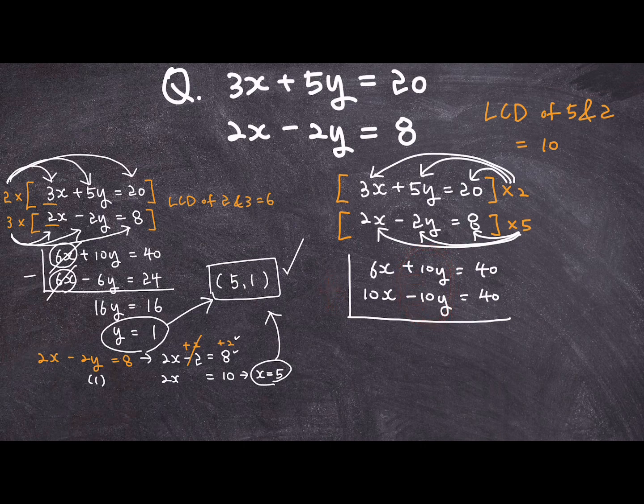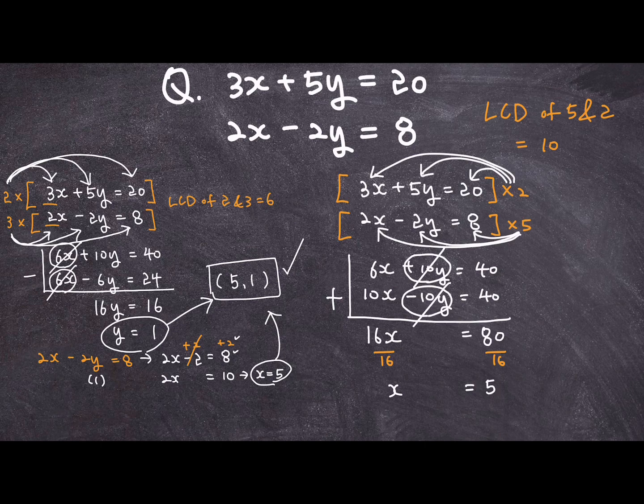So if I choose to add, I can go ahead and eliminate the variable of y completely and end up with 6x plus 10x, which is equal to 16x, is equal to 40 plus 40, 80. And if I divide each side of the equation with 16, I get x is equal to 80 over 16, which is equal to 5.